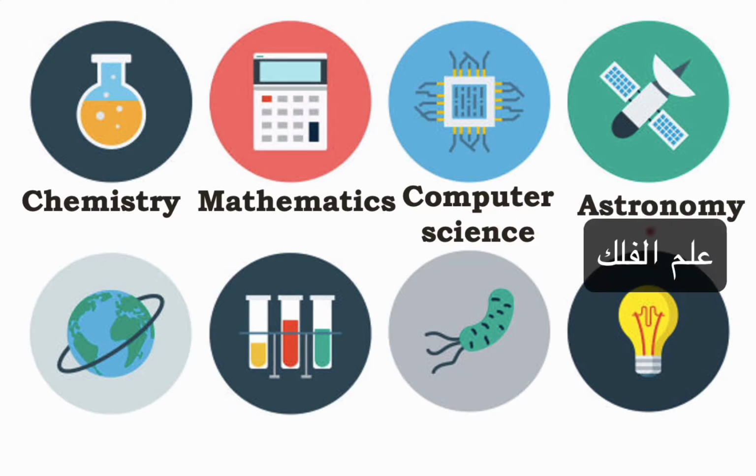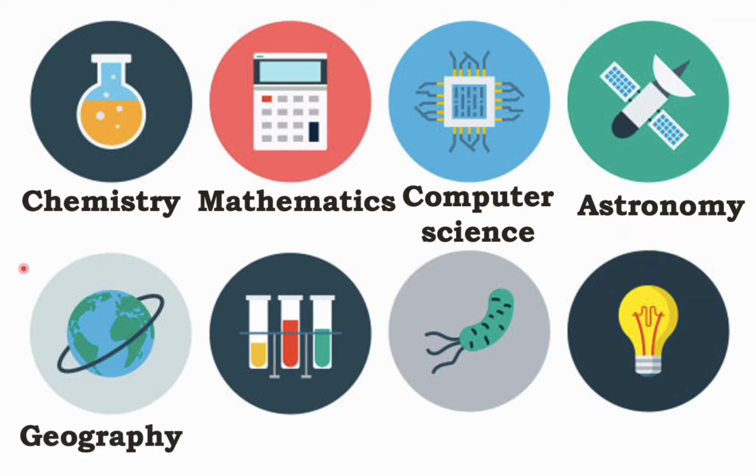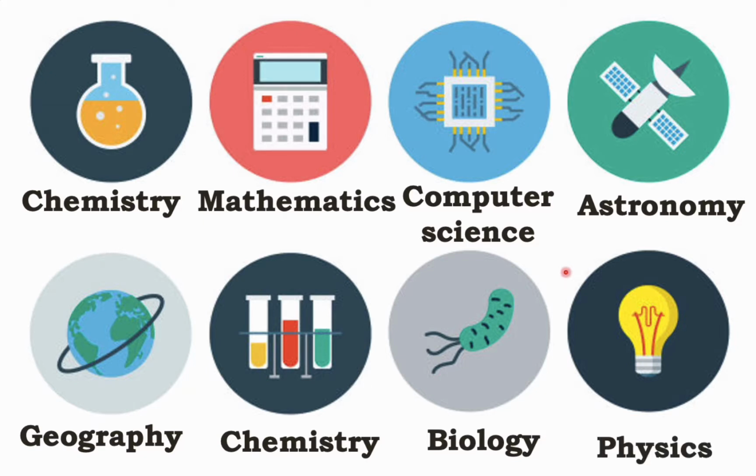Also we have astronomy, geography, chemistry again, biology, and also physics. So these are some examples of science. In these sciences we try to observe, we try to investigate, we try to experiment, so we do a lot of things. So here we are talking about the theoretical part.